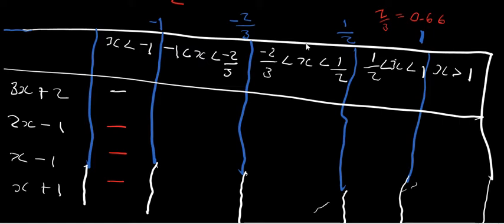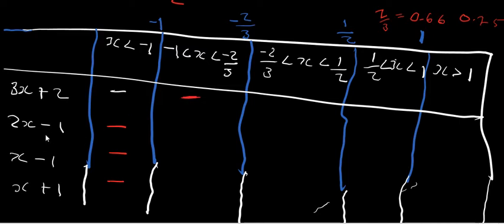So this is more like 0.66 something. If I was to get, let's say, -0.75, which is -3/4, what am I going to have? -3/4 is going to give me -9/4, and that will give me 8. So here it will be negative there.